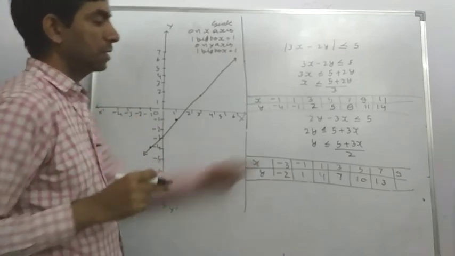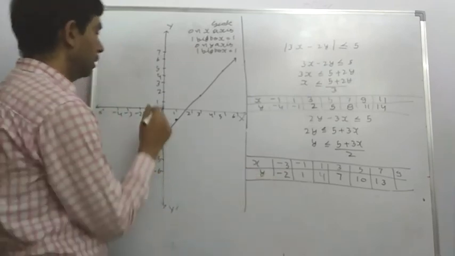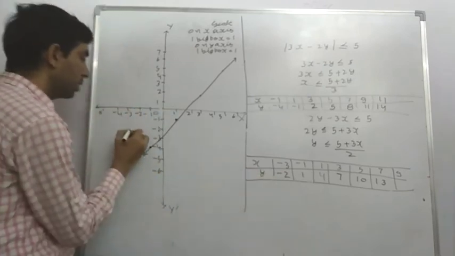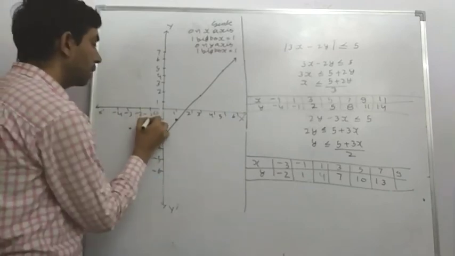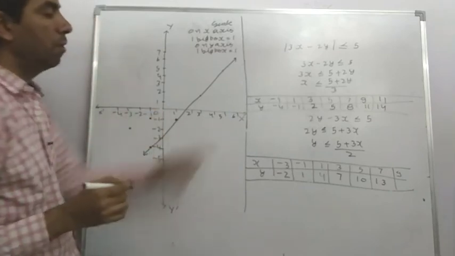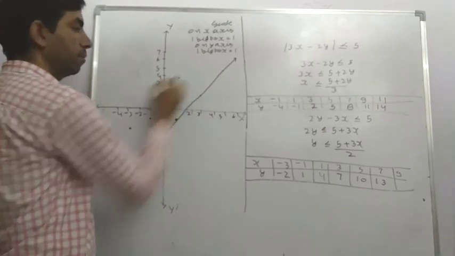Okay. Now we check the second line. x is equal to minus 3 and y is equal to minus 2. The point is here. Second point minus 1 and 1 is here. Next point 1 and 4 is here.